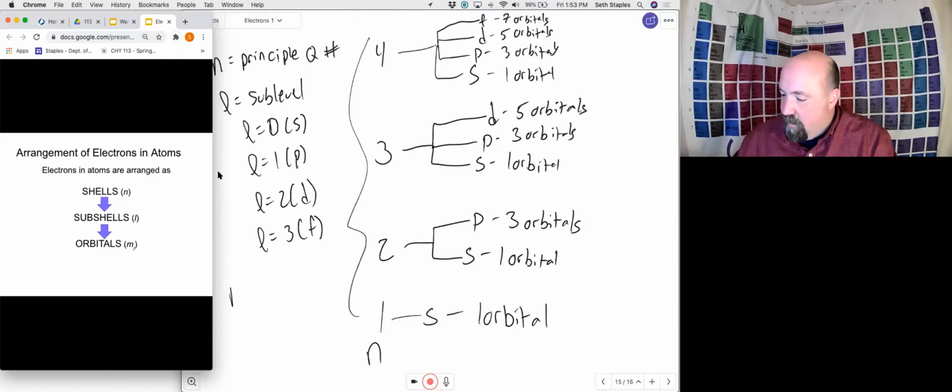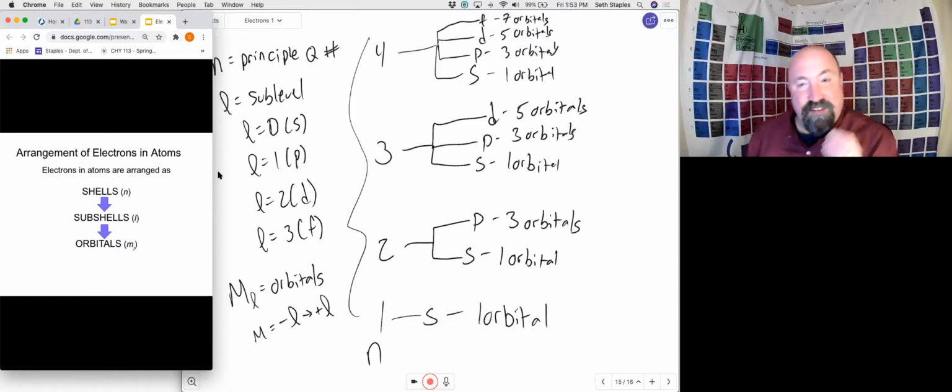And then quantum number m, sometimes you'll see it as m sub l, depending on what source you're looking at. That then describes our orbitals. We talked about m can equal values from negative l up through positive l. But realistically, what that gives us is information about how many orbitals can exist.